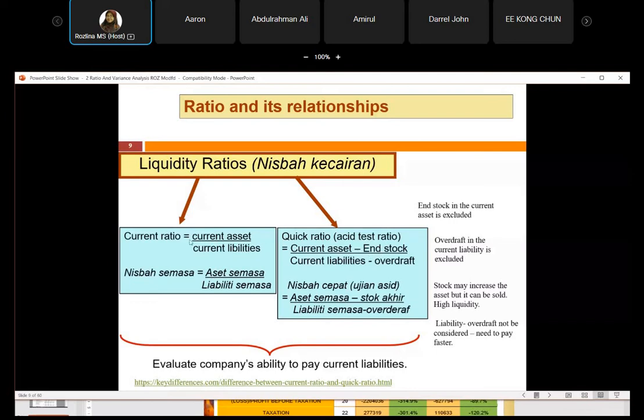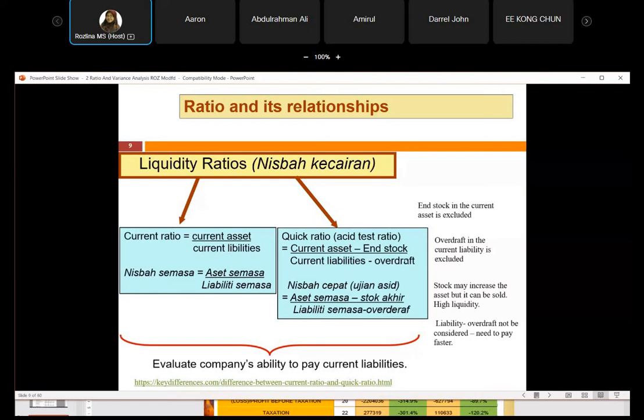Here in the current ratio you have to consider the end stock, but for the quick ratio, no need to consider the end stock. And for the current liabilities, you take all the current liabilities, which means short-term liabilities.